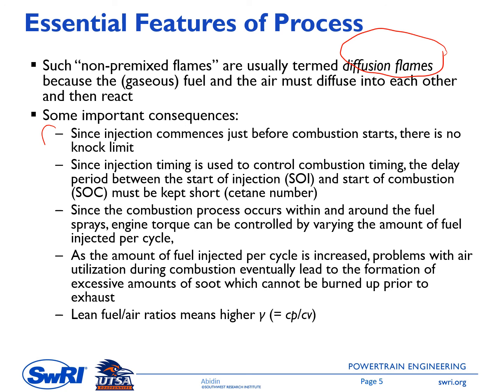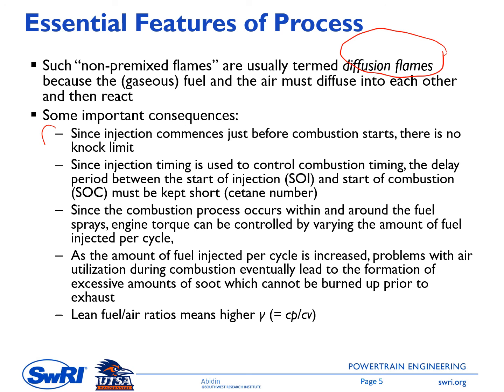And since the combustion process occurs within and around the fuel spray, the engine torque can be controlled by varying the amount of fuel injected per cycle, as I already mentioned previously. The next one is that as the amount of fuel injected per cycle is increased, you will see there is a problem in diesel combustion that we don't have in spark ignition engine combustion: there will be a formation of soot.